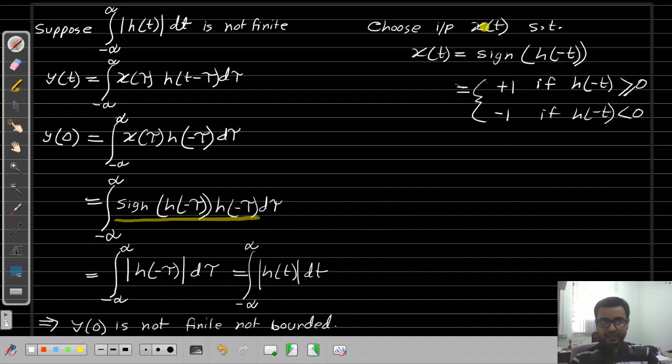By choosing this particular input, we can make the output unbounded, but here the input is bounded. It is either +1 or -1. It is never infinite. So we can choose an input which is bounded, but that makes the output unbounded. So it implies the system is unstable.